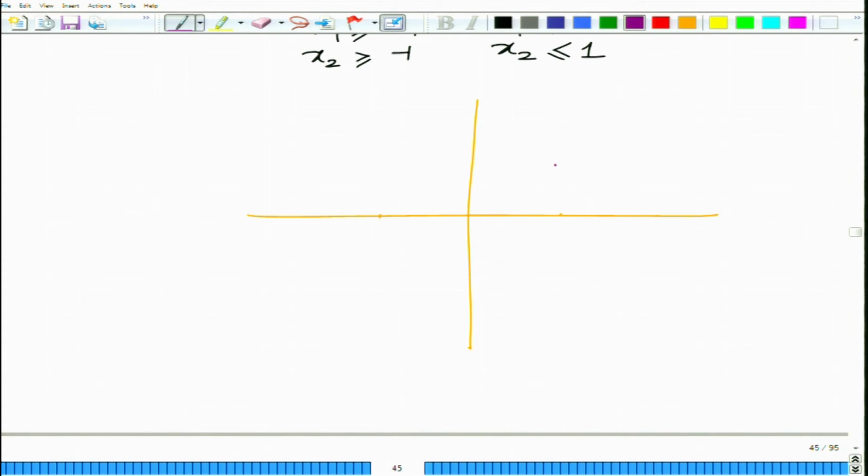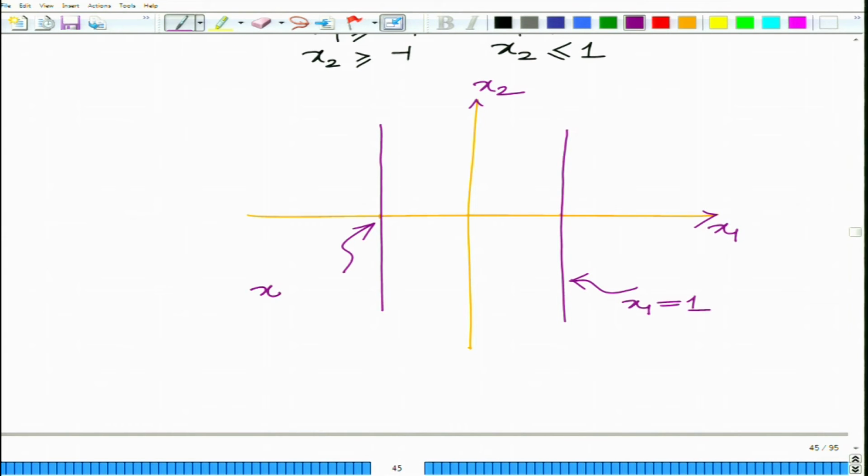So, this is your x1, this is your x2, and this is x1 equals -1. The strip is the region x1 greater than or equal to -1 and x1 less than or equal to 1. And if you look at x2, this is the region pertaining to x2 equal to -1, and this is the hyperplane for x2 equal to 1.